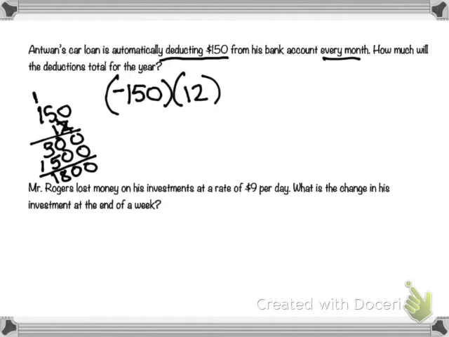But remember that a negative times a positive will give me a negative. So negative $1,800. Now we have to interpret that in the context of the problem.